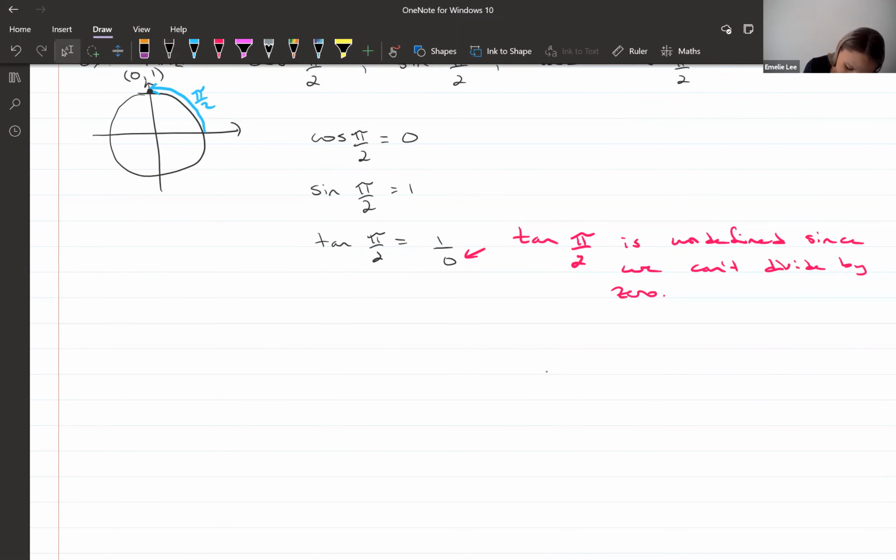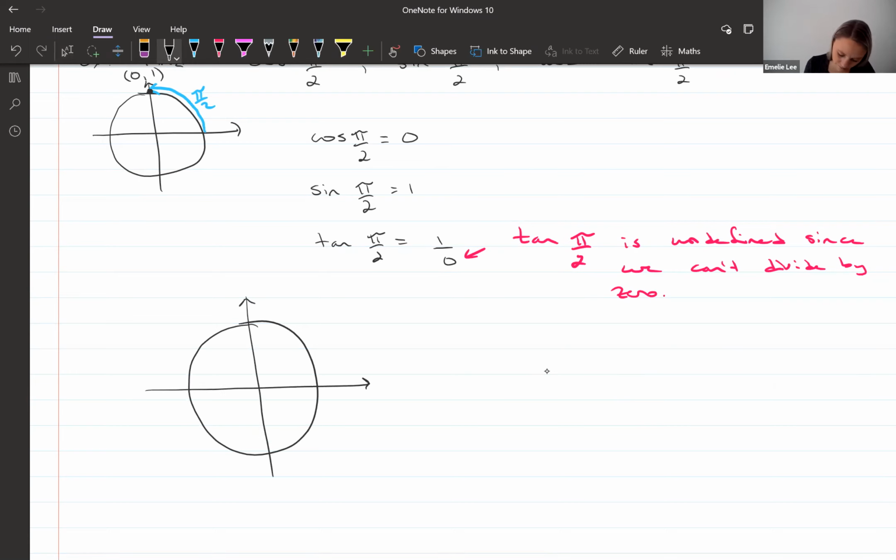So what we can do is draw our unit circle, kind of like this. If we've got our x and our y values, at these 2 points, y is 0 here and y is 0 here.